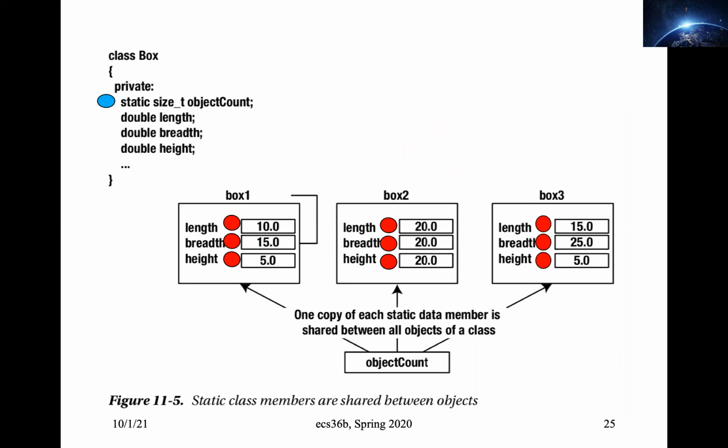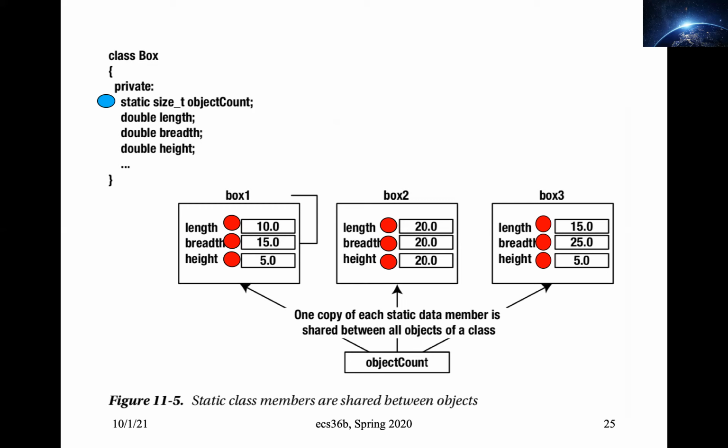This is a way to specify it. In the class definition, you can see I still have length. Why is it breadth? I thought it was length, width, height. I copied the wrong slide; they use a different way of representing this. But anyway, I have those three things, shown by the red dots, whenever you create multiple boxes. But the variable called object count, the blue dot, uses the keyword static.